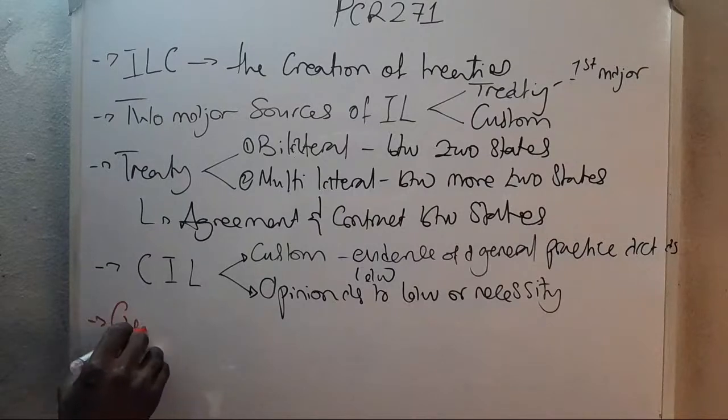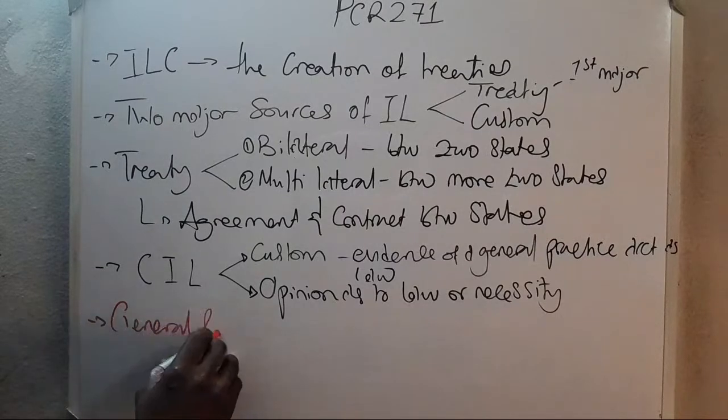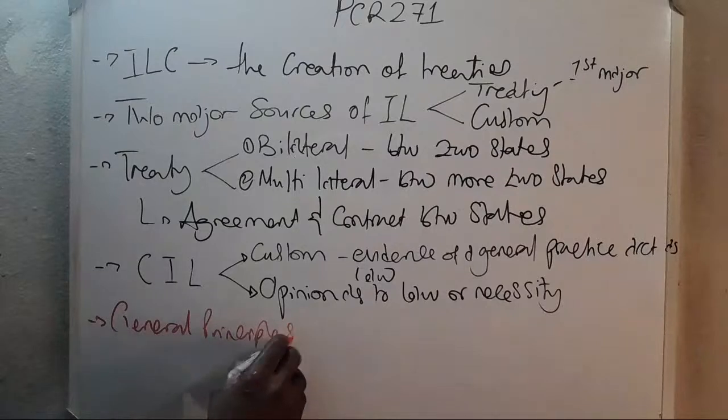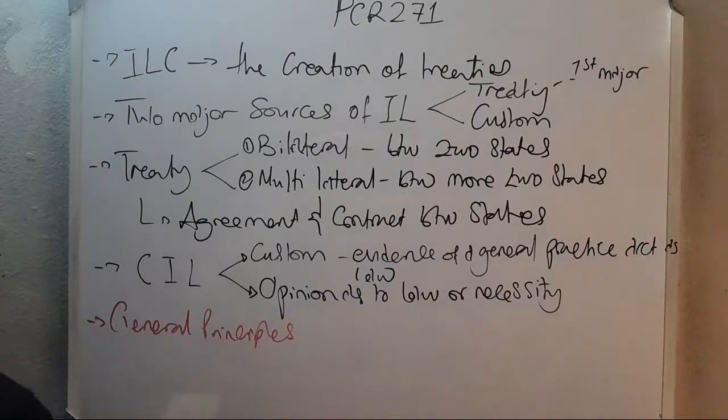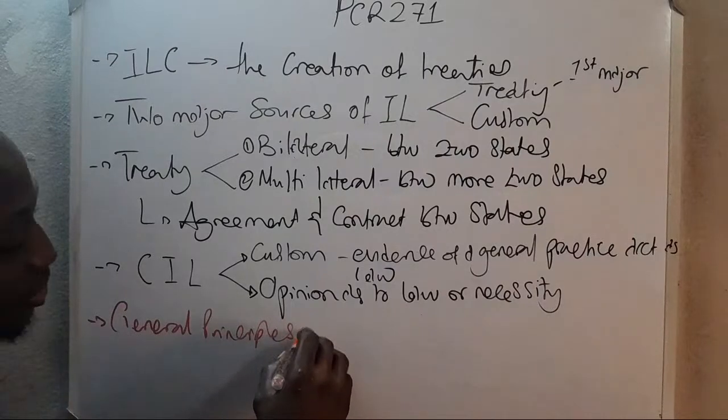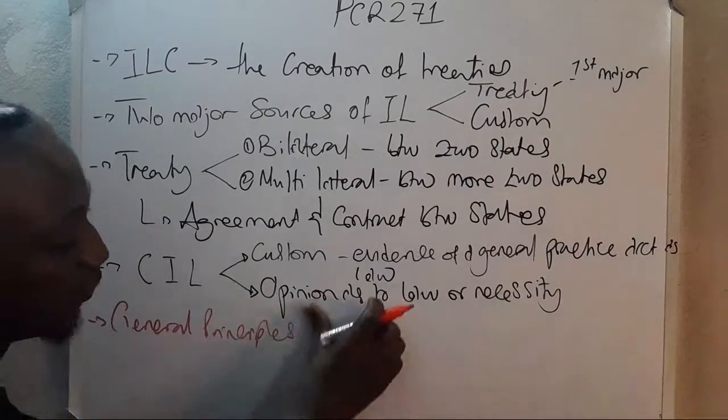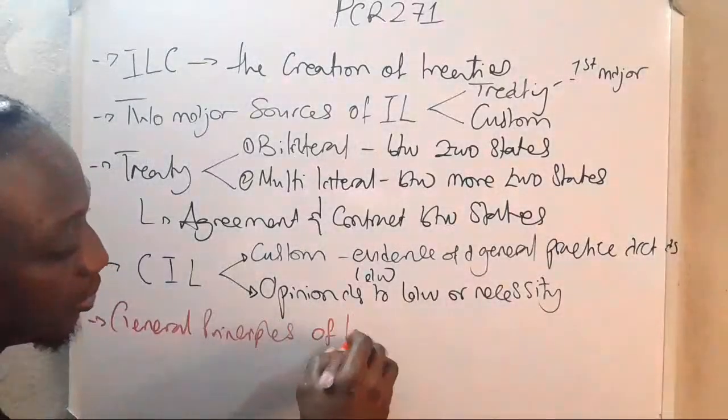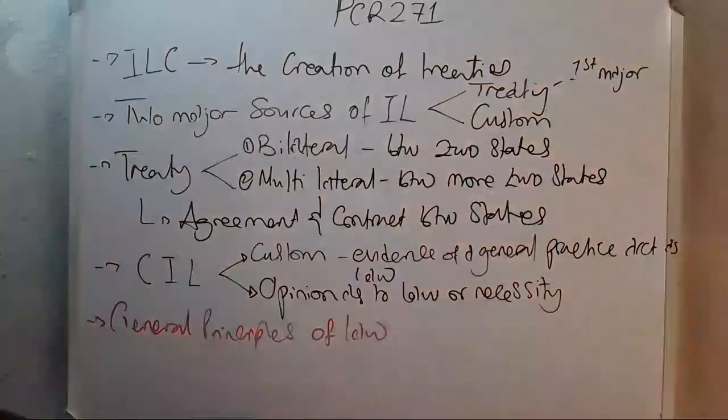So we have general principles of law recognized by civilized nations. And also we have judicial decisions and the teaching of the most highly qualified publicists of the various nations.